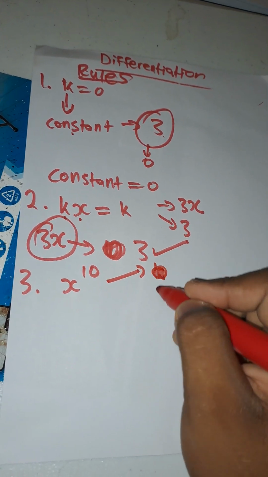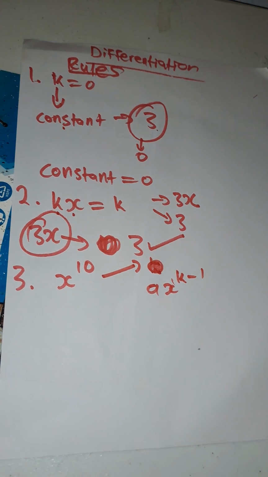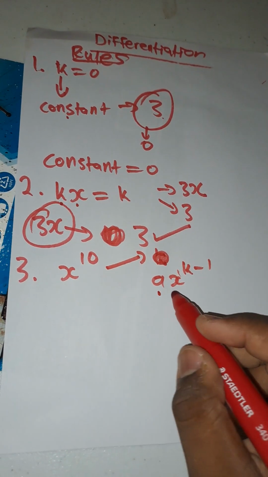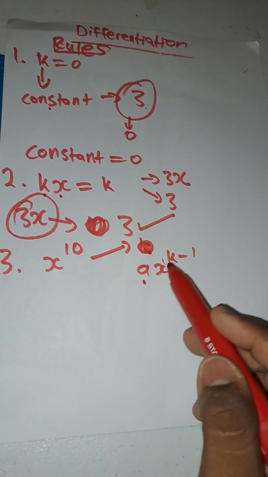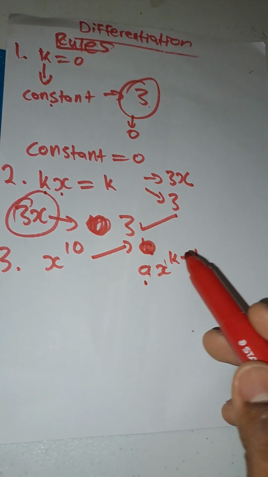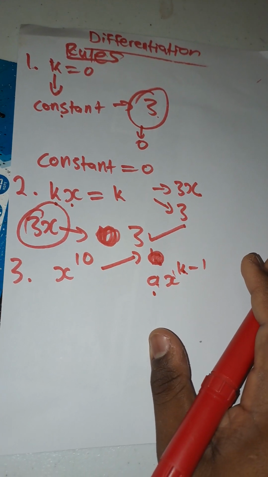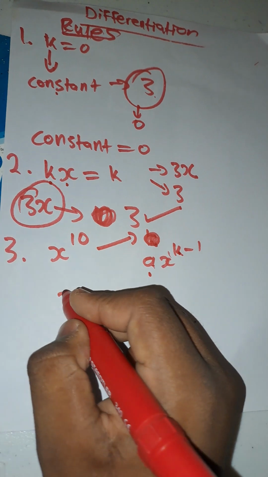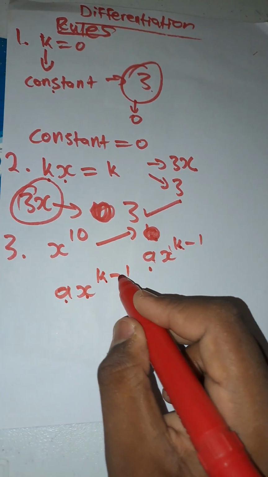Let me choose this one: a x to the power of k, where k is my constant. This a is the number and the coefficient of x, this x is the variable, and this is my k. When I want to differentiate it, I need to have a times k, and then ax to the power of k minus 1.